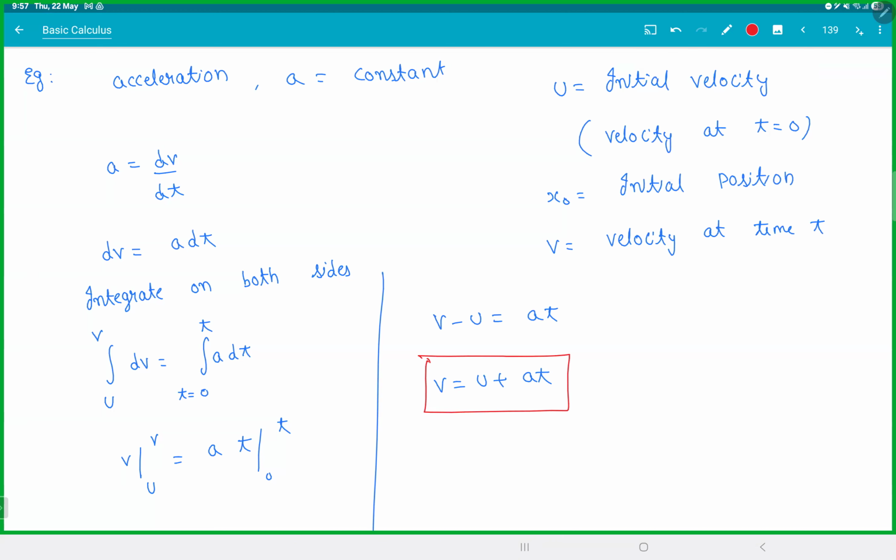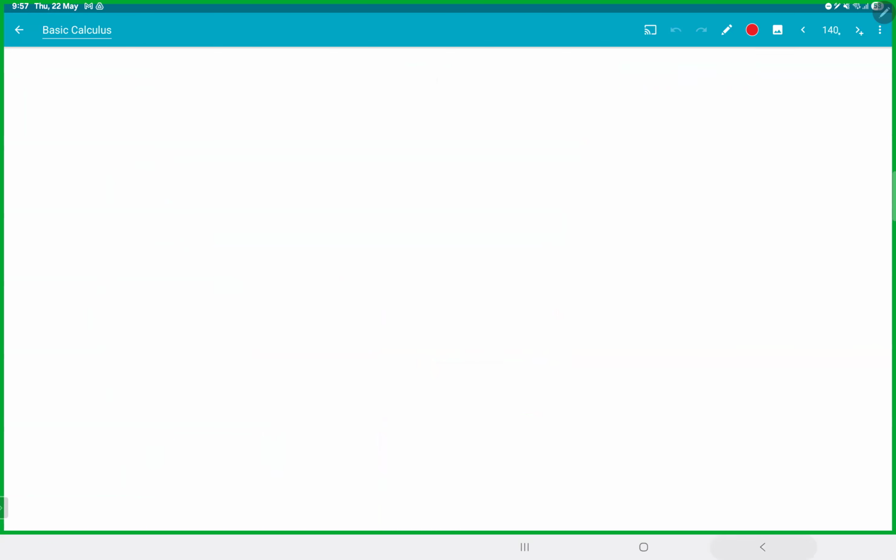Let me show it on the next page. But any doubts on this, please ask me. Since I got v is equal to u plus at, what is v? v is dx by dt.